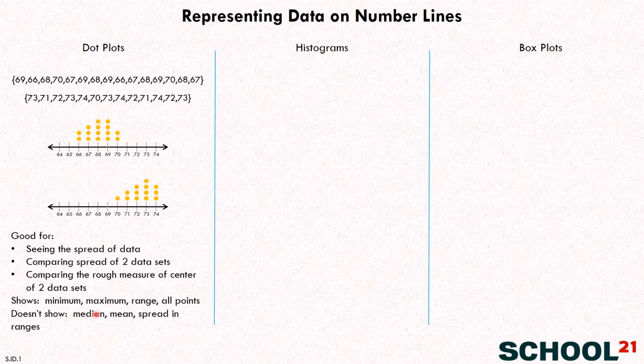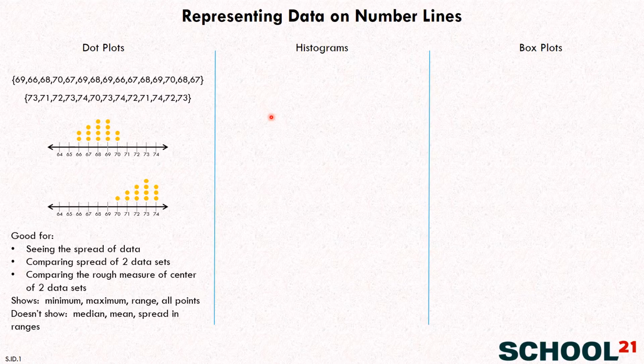It doesn't show it on the chart, but you could add up all of these numbers that you have up here, and then divide by the total number, and that would be your mean, right? Or you could put the numbers in order and find the middle number, and that would be your median. So you can find those things out. It doesn't show it right here on the graph, but dot plots are pretty useful for seeing all those things. What do you think? Yeah.